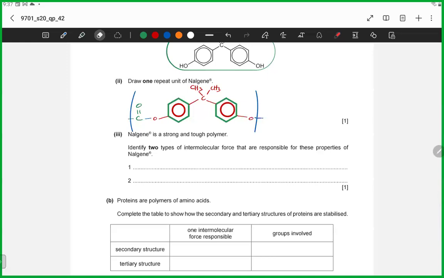And then he says, identify two types of intermolecular forces that are responsible for these properties of Nalgene. So it's strong and it's a tough polymer. Why is it strong and tough? What are the intermolecular forces? The first one, it's a polar molecule, right? It's got permanent dipoles.